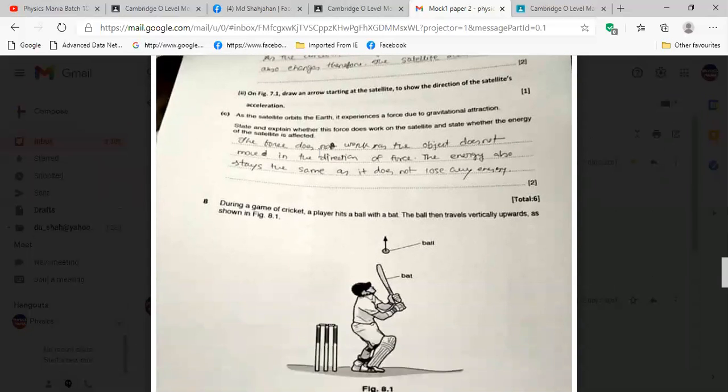Can you read this part? The force does not work as the object does not move in the direction of the force. The energy also stays the same as it does not lose any energy.